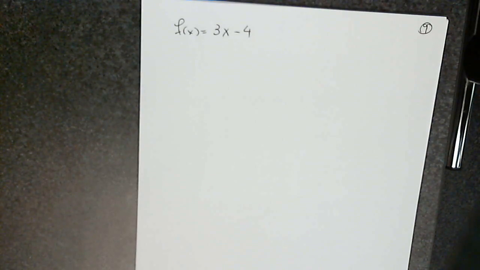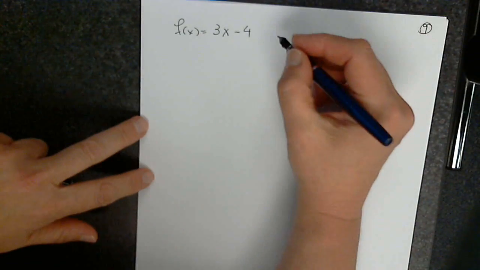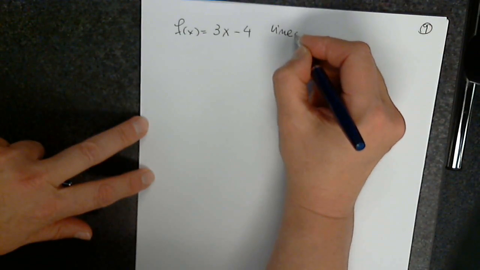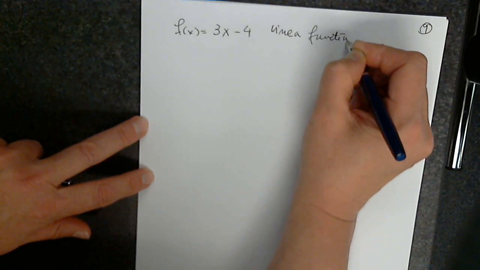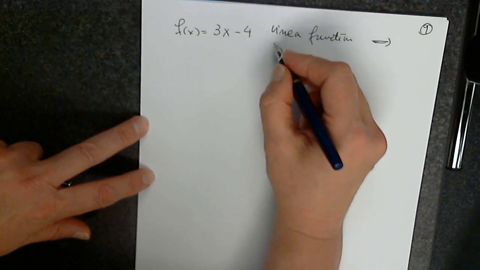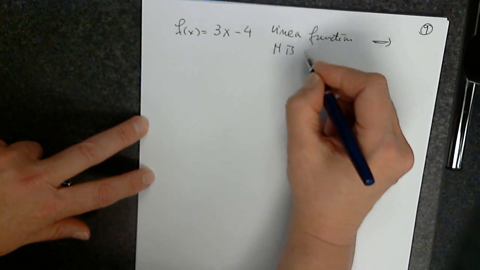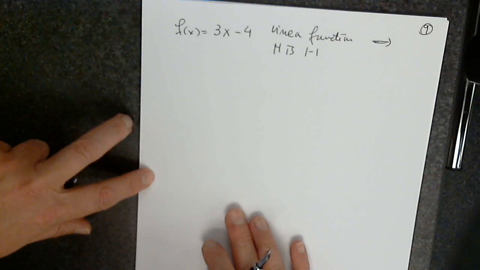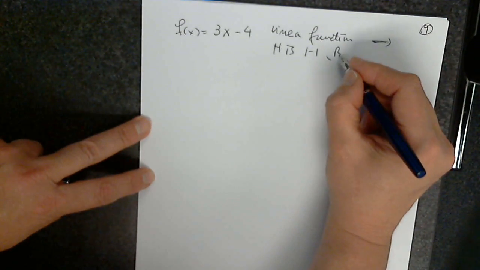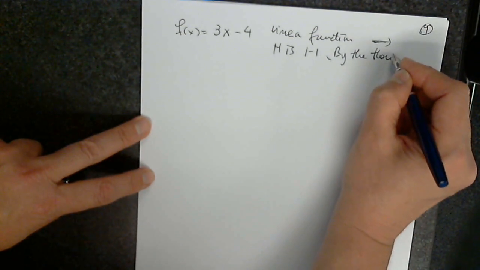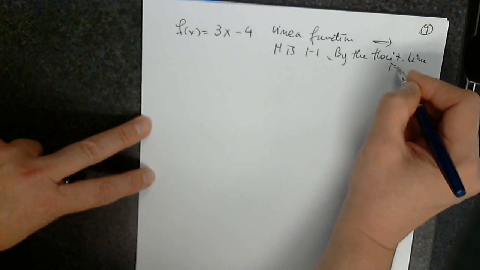Linear. So for every y value, it will cross because it's linear. So it's a linear function. Therefore, it is 1 to 1. You can write in parentheses by the horizontal line test.